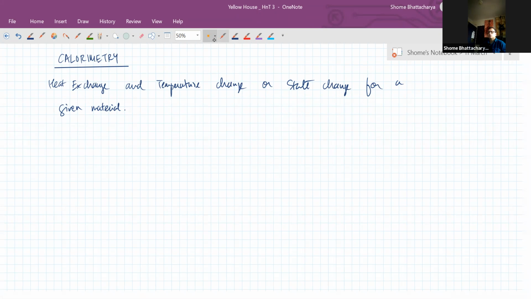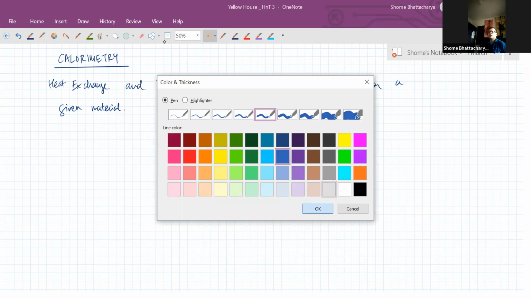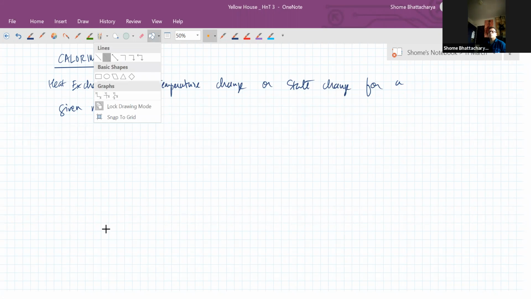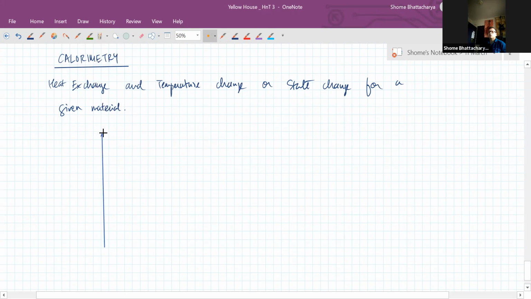So we can understand this very easily by just understanding an experimental graph that we can plot when we look at the behavior of a given body or given material in terms of its temperature and the amount of heat supplied.